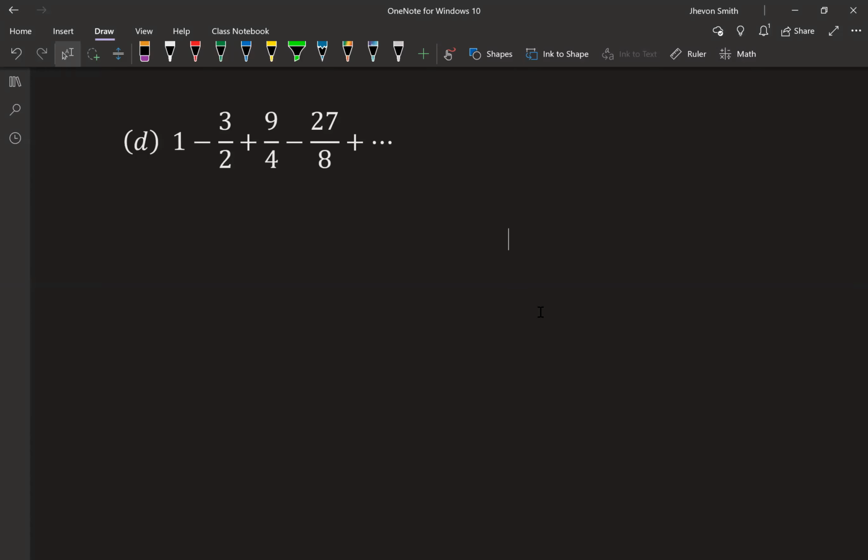Determine if it converges, and if it does, let me know what it converges to. If you think you know what the A and the R are, you can also let me know that in the comments. Or I guess you can maybe say it.